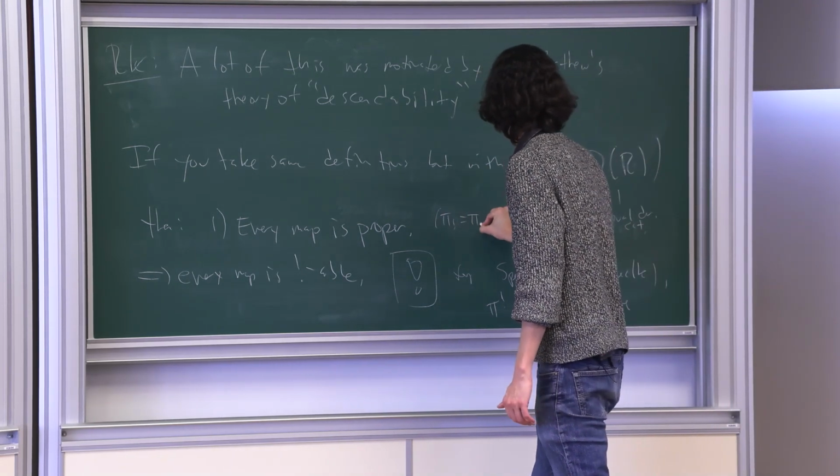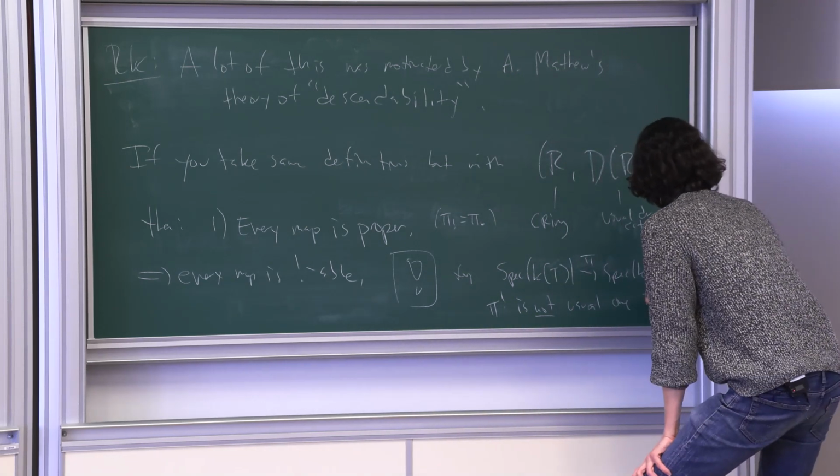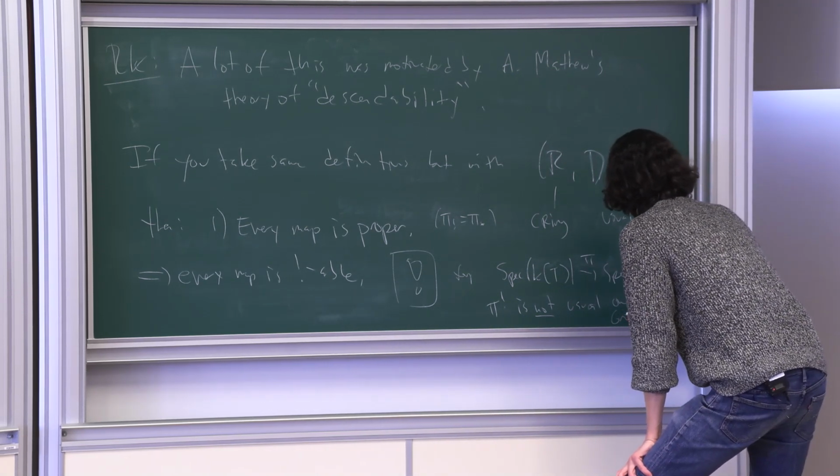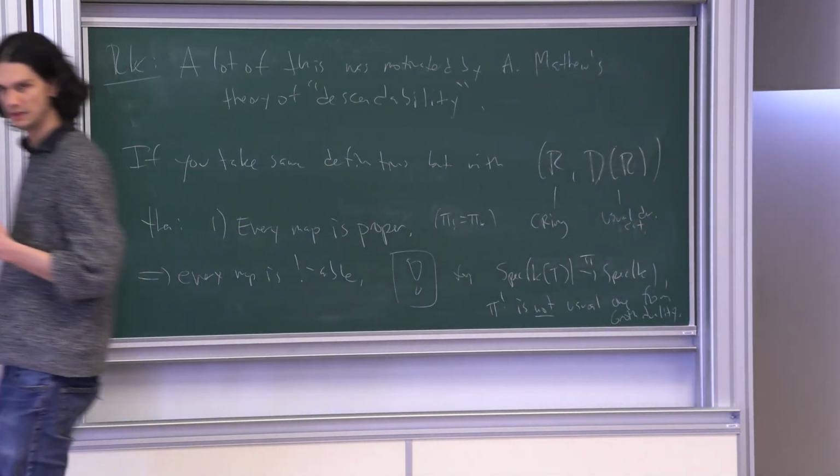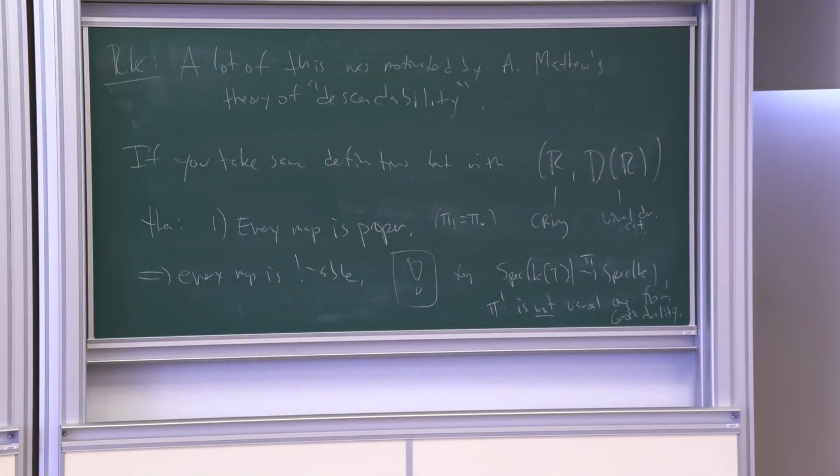So the upper shriek for a finite map is the same as in Grothendieck duality. For pseudo-coherent maps, it's the Grothendieck duality, and for proper maps too. But for arbitrary maps, it's just some funny thing. Nonetheless, it turns out to be useful, exactly in this descendability discussion.